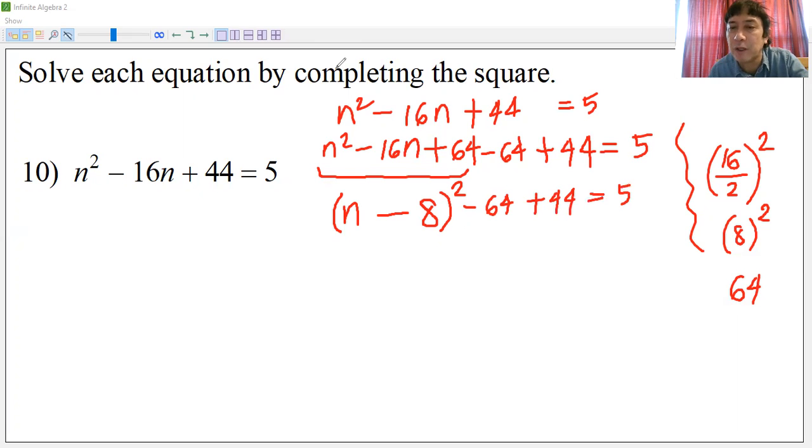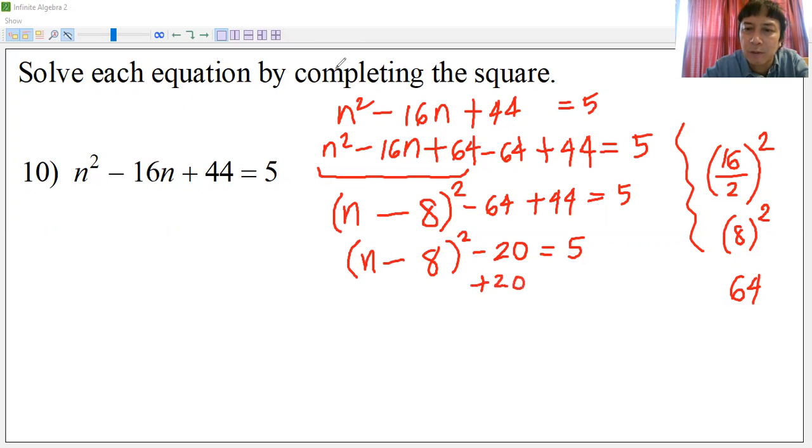What is negative 64 and positive 44? That will now be negative 20. And we still have this part, n minus 8 squared, and we still have the 5 there. After which we add 20. The right side becomes 25.